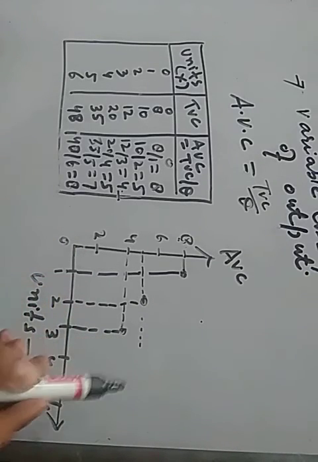And when level of output increases to 4 units, average variable cost is 5 rupees. It will be here, this point.